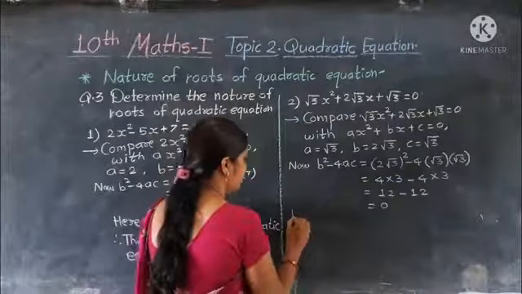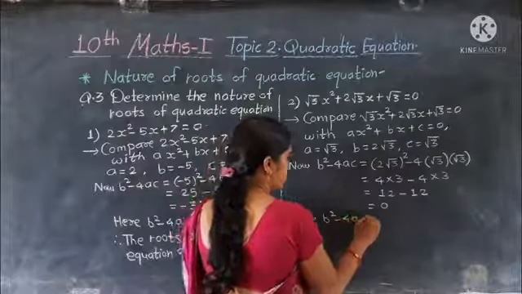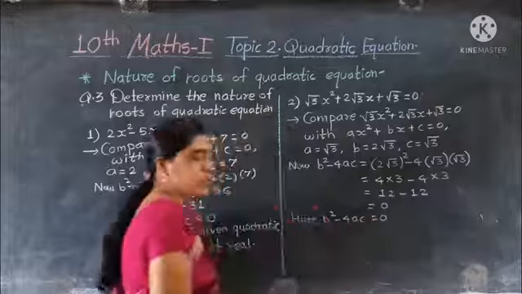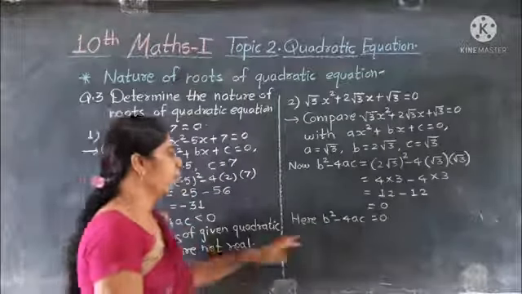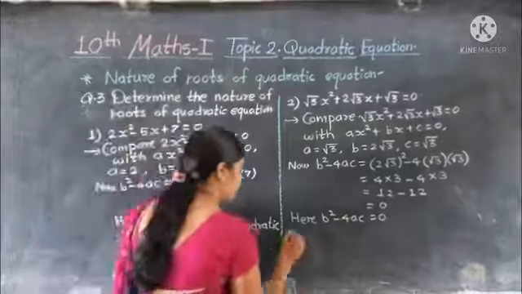So here we get b square minus 4ac value is 0. If b square minus 4ac is 0, then the roots are real and equal.